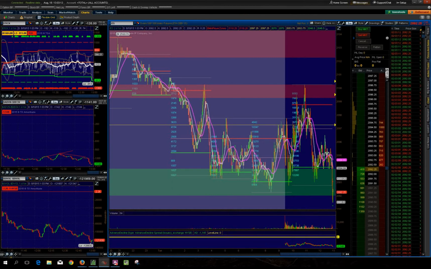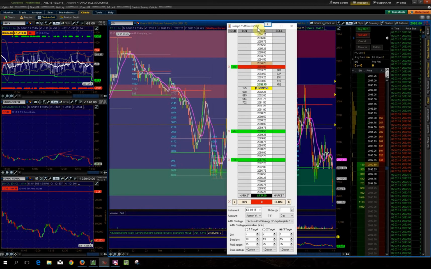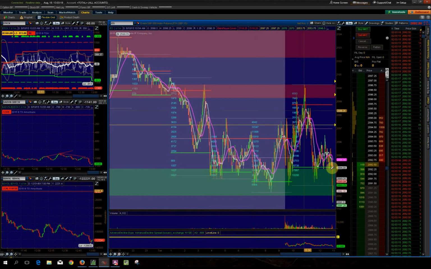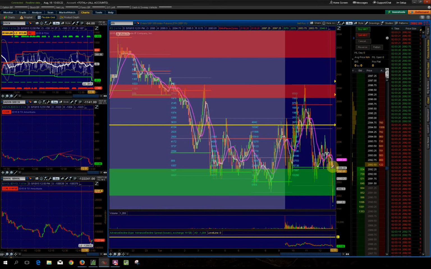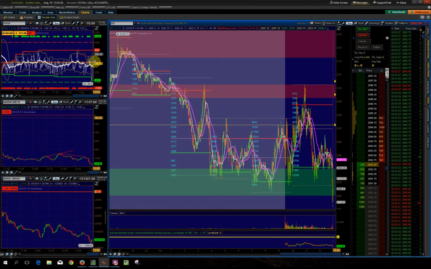But I am going to move my stops down to the 94 right here, and look to see this thing come back up to the 0, and then look for further shorting at that point.